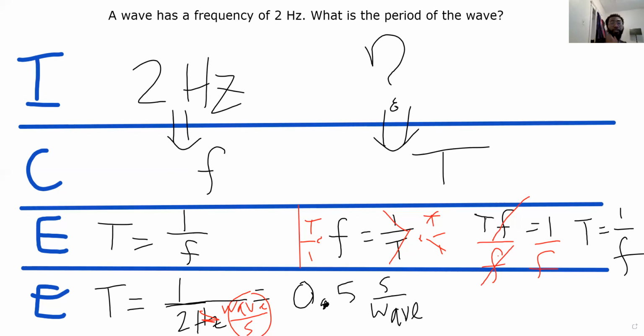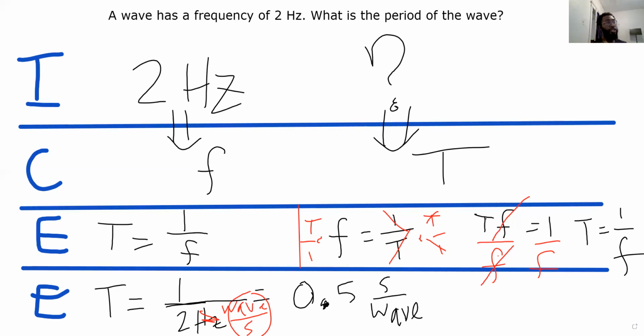Now to find out the final answer, we've got to remember that whenever we put wave as our unit, it's not because wave is an actual unit that we're using, right? It is just a placeholder. We put it there to remind ourselves what we're talking about. We don't actually want to put seconds per wave in our final answer.